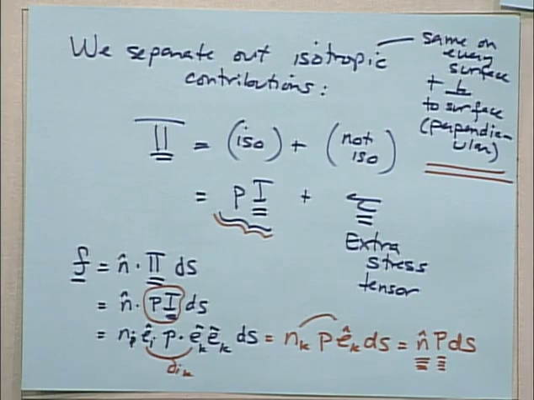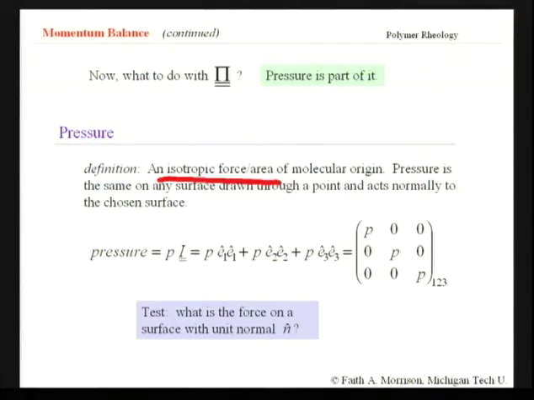So that's what I have here in the summary notes. Pressure is an isotropic force per unit area. It's due to molecules. It's the same on any surface drawn through a point and always acts normally, perpendicularly to the chosen surface. That is written mathematically as this stress tensor: the scalar pressure p, which is the magnitude of that tensor, times the identity tensor, which looks like this.